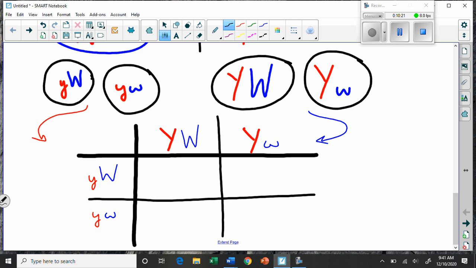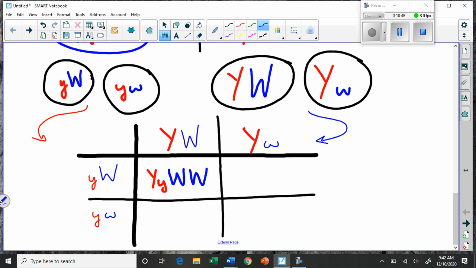So we're going to get a Punnett square that has 4 different combinations because we have only got 4 possible gametes that we can produce. And so we put them together. So in the first case, we have a big Y and a little y, and then 2 capital W's.